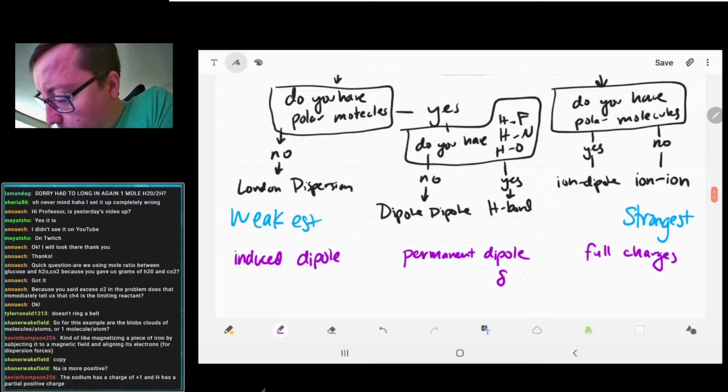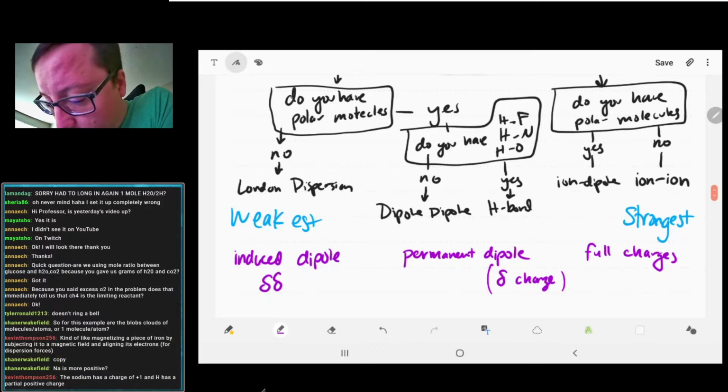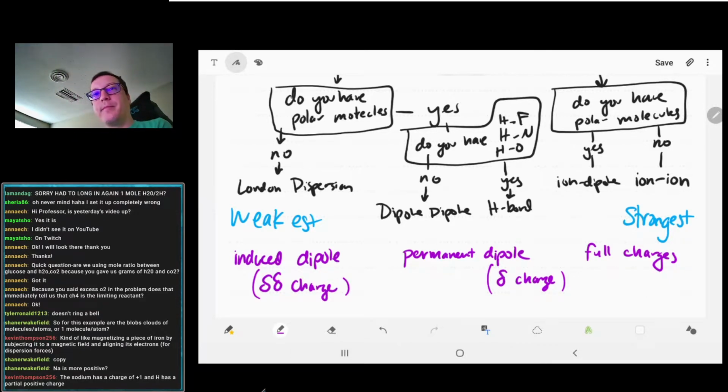Remember, these are partial charges, and here we have partial charge. Partial. So the point is, the more charged your thing is, the stronger your forces are going to be. If you have no charge, you're probably just going to go through London dispersion.